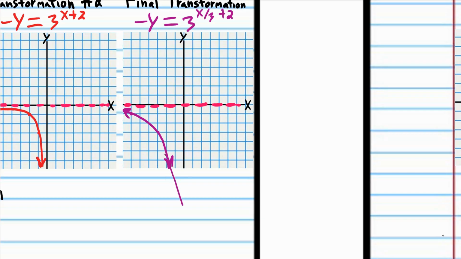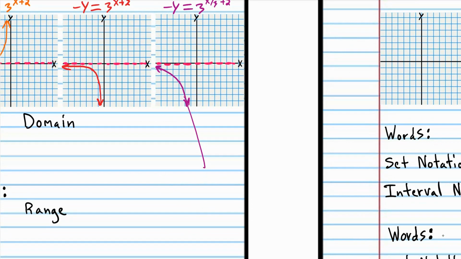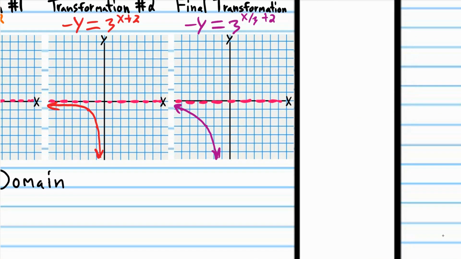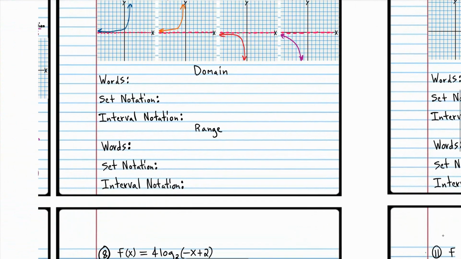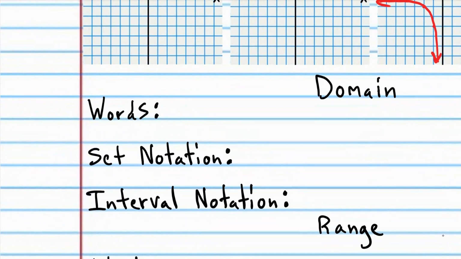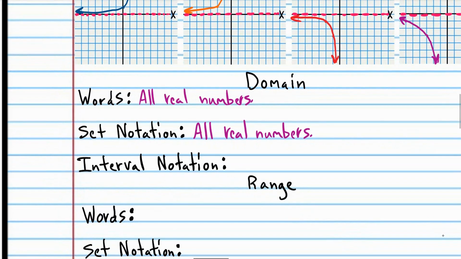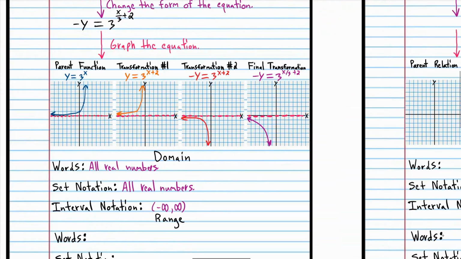It just keeps going down, down, down, forever. So it'll keep going off to the right as it goes down, and it'll keep going off to the left indefinitely. So the domain is all real numbers. In interval notation, we write negative infinity, comma, infinity.